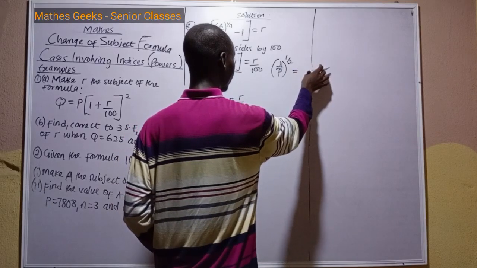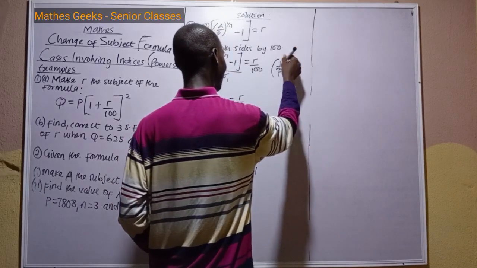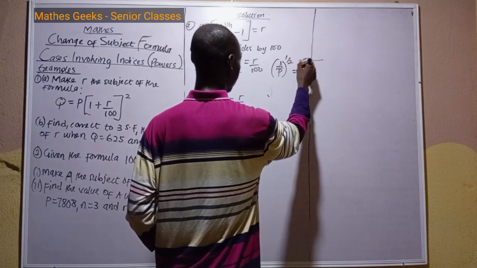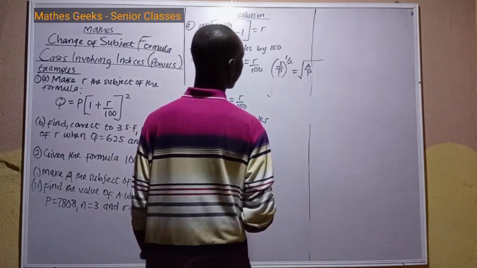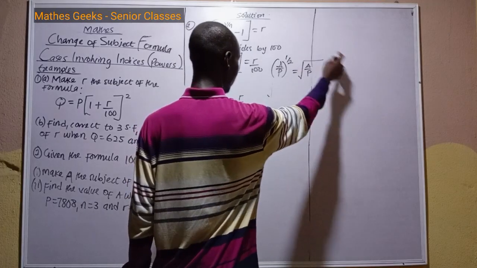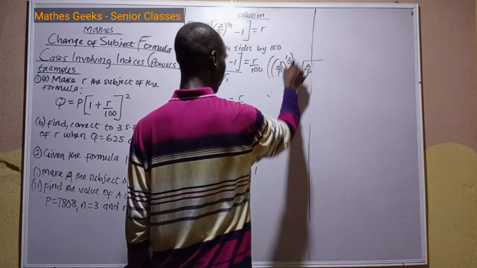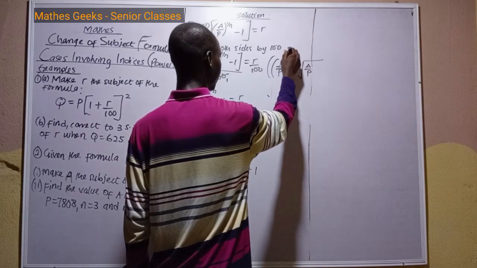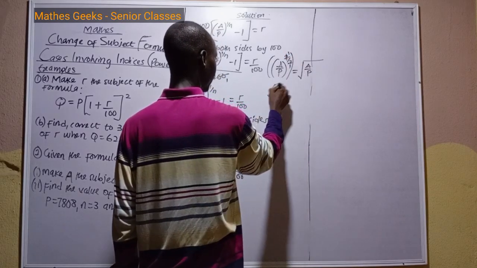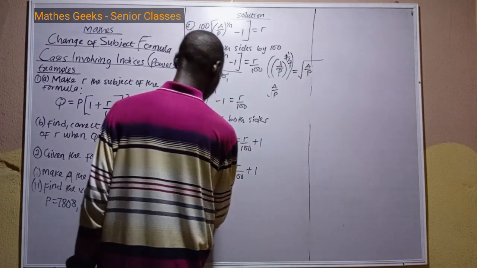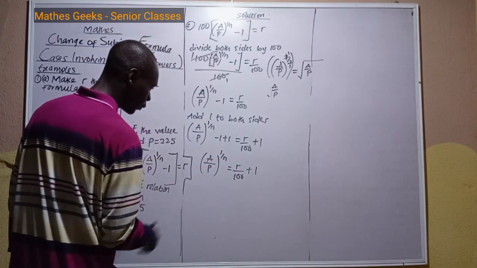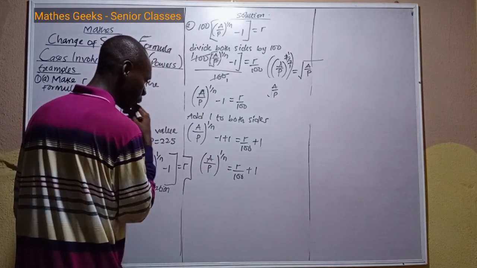We're going to square both sides, so here will be raised to power 2. 2 times 1 gives us 2, and then 2 here 1, 2 here 1, so it will be a over p. Same here, because this is n and doesn't have a value, we're going to take both sides to the power of n.